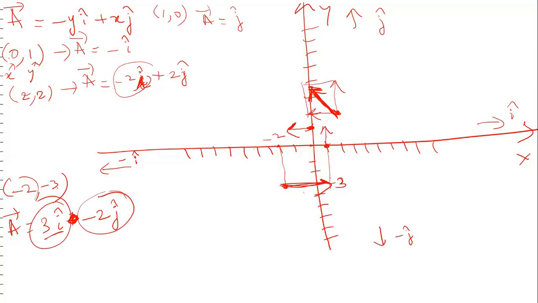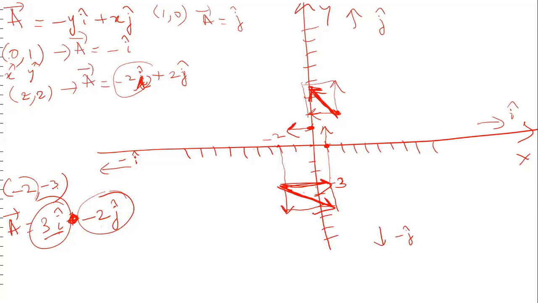You have minus of 2j. So from here, minus 1, minus 2, this is minus 2j. If you look at this, addition of plus 3i cap and minus 2j vector will result in the resultant vector like this.